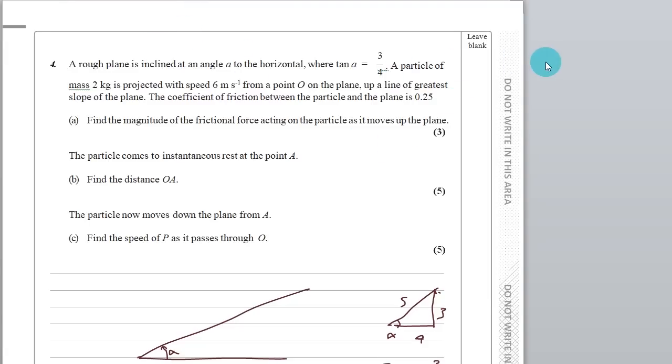Now, a particle of mass 2 kg is projected with speed 6 meters per second from a point O on the plane. So if this is point O, I have here a certain particle. The mass of this particle is 2 kg. So I have here the vertical force 2g, and the speed is equal to 6 meters per second.